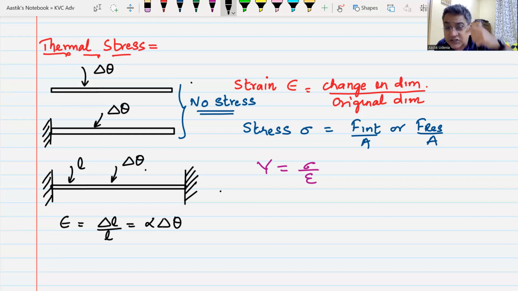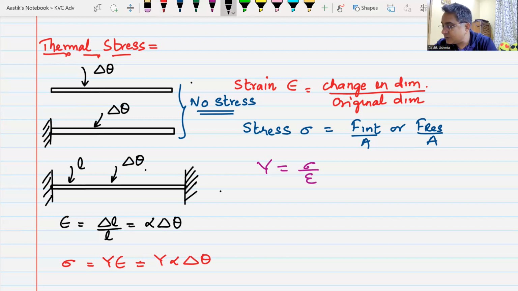Because of this, stress comes in this rod. How much will be the stress in this rod? This sigma will be equal to Y multiplied by strain, Y into epsilon naught, or it becomes equal to Y into alpha into delta theta. Do we understand this?